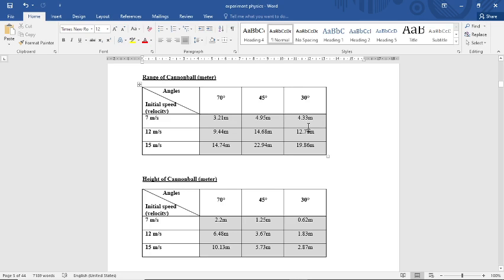And the maximum range is when it comes to a 45 degree angle, but the range decreases when the angle is higher than 45 degrees, and it is lower or the same for 90 degrees. Like this 70 degrees, we can see we got 3.21 meters only, right?